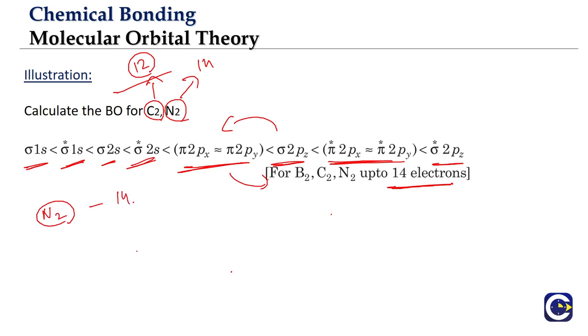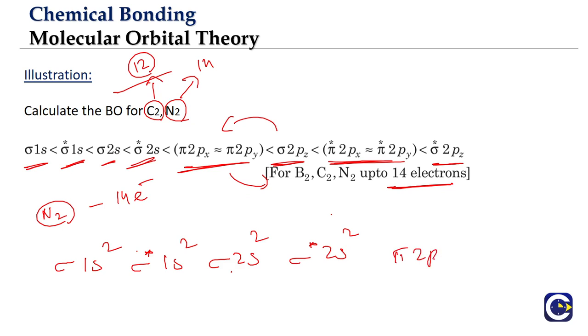Total count is 14 electrons. Sigma 1s will give 2, sigma star 1s will give 2, sigma 2s will give 2, sigma star 2s will give 2. Then pi 2px, degenerate with pi 2py, will give 2 electrons each. First we fill them with 1 electron, then we pair them.